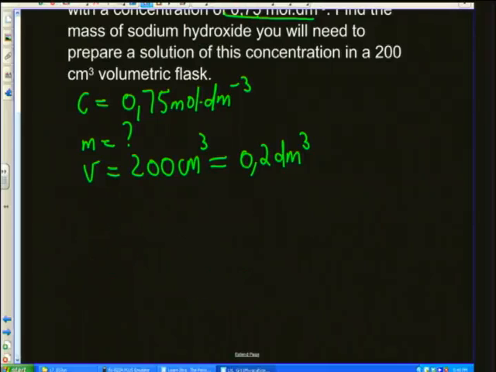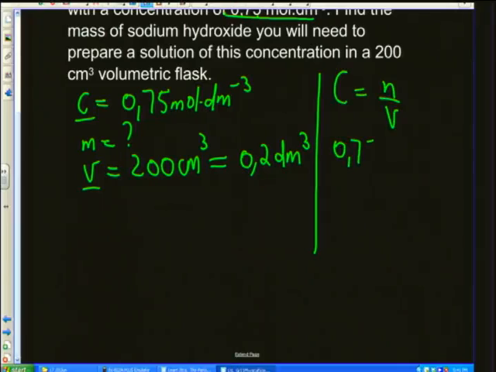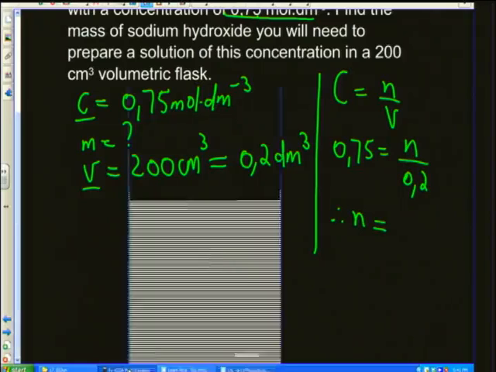Now, for us to do that, we have concentration, we have volume, we can find the number of moles. Concentration is number of moles over volume. Therefore, 0.75 should be equal to number of moles over 0.2. You work this out, you find that number of moles equals 0.2 times 0.75.